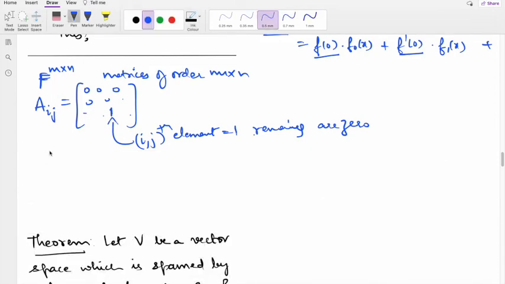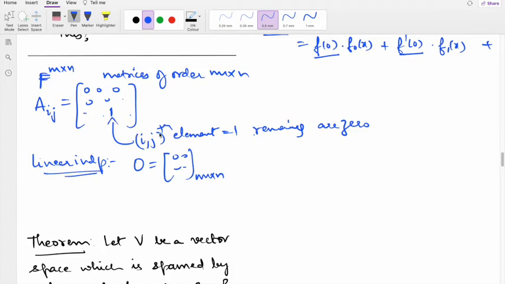So one is linear independence. The zero vector in this particular vector space is just going to be a zero matrix, such that everything is zero, of the order m cross n.